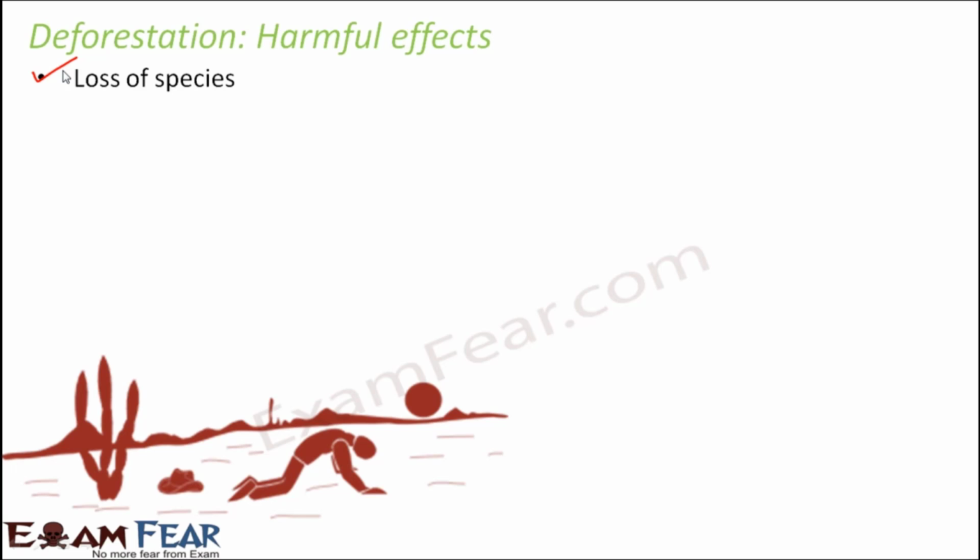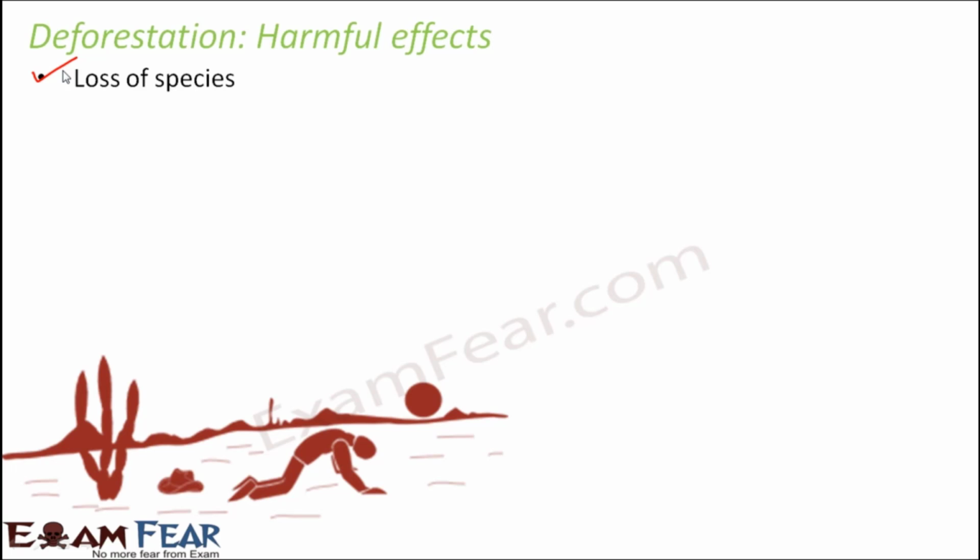Now sometimes it also happens that some species are specially present in a particular forest or area. For example, if you have ever heard of the Pachmarhi National Park, there you have certain species which are unique to that place, like the giant squirrel, a squirrel which is very big in size and is found exclusively in that place.